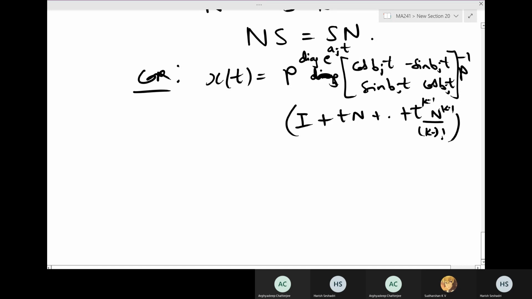Just like every non-zero complex number can be written as r e to the i theta, every invertible matrix can be written as a product where r, a positive number in that case, is replaced by what is called a positive definite matrix, and e to the i theta is replaced by a unitary matrix, or an orthogonal matrix in the real case.